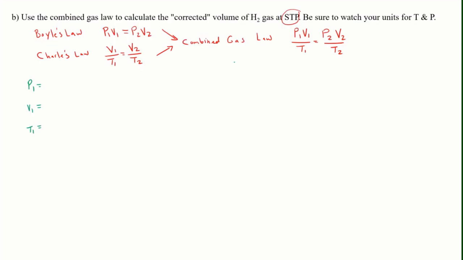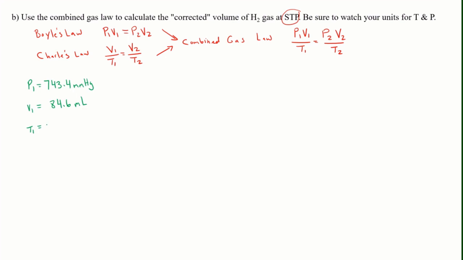So we can start to write these down. The pressure experimentally was 743.4 millimeters of mercury. The volume is 84.6 mLs. We don't need to convert it to liters. We could leave it as mLs.